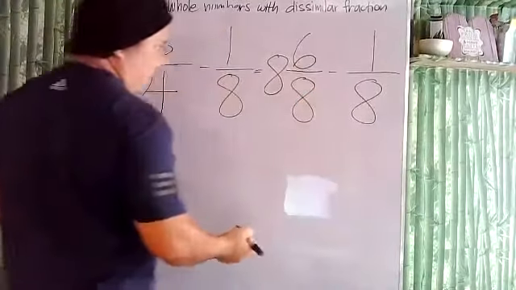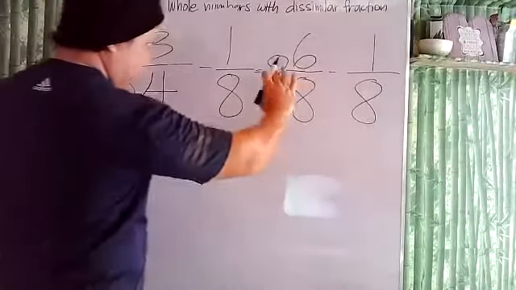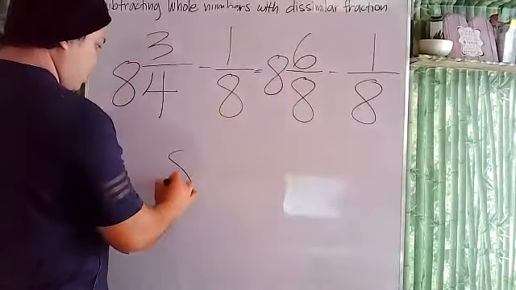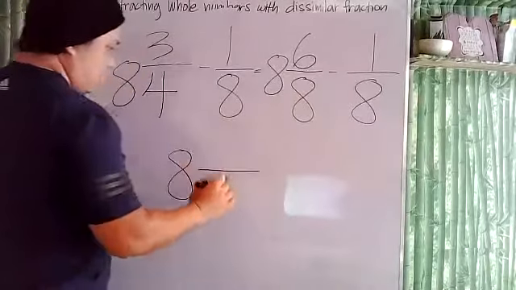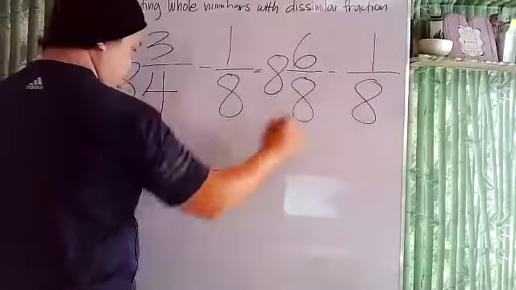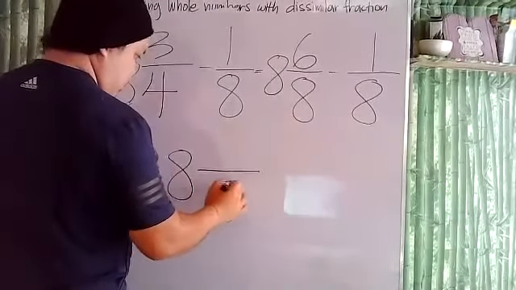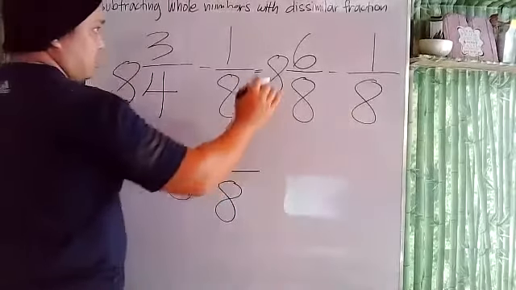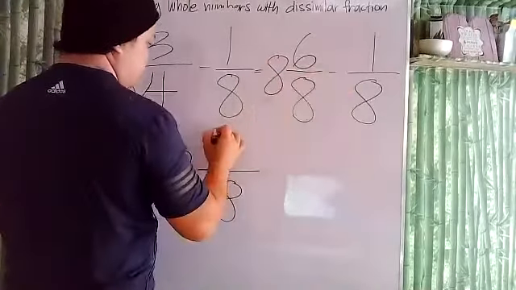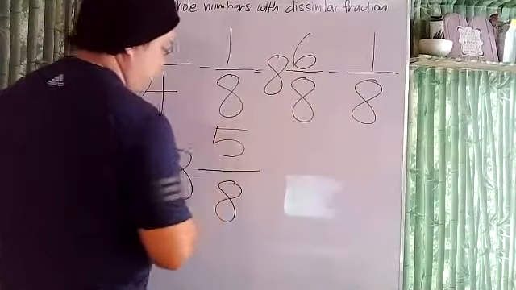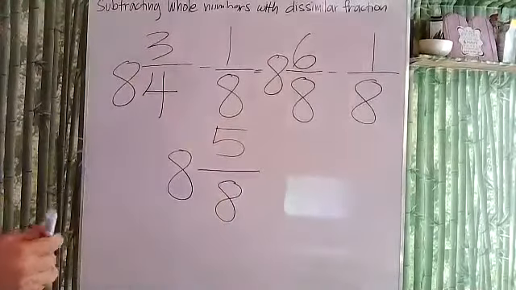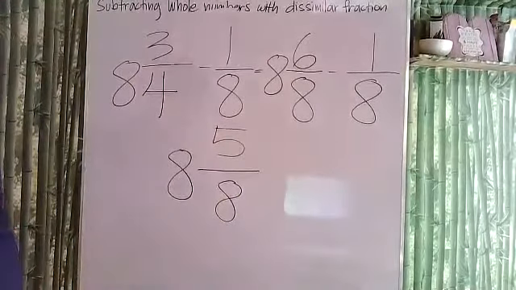We have 6/8 minus 1/8 here. Okay. So let's subtract. Copy the whole number. And for the denominator, that is 8. And for our numerator, that is 6 minus 1, that's 5. So 8 and 5/8 for our answer. Okay?